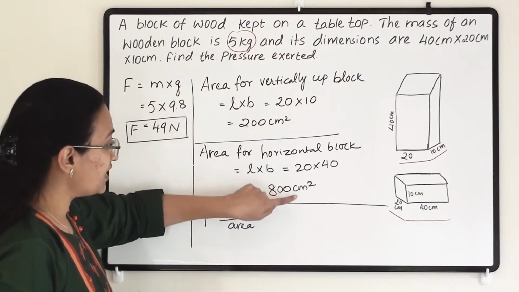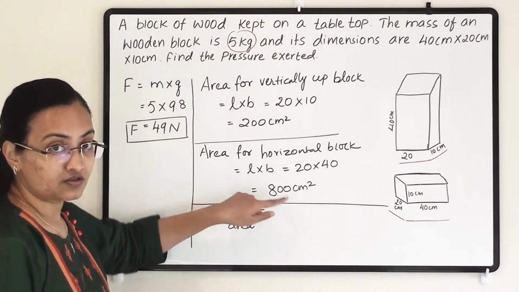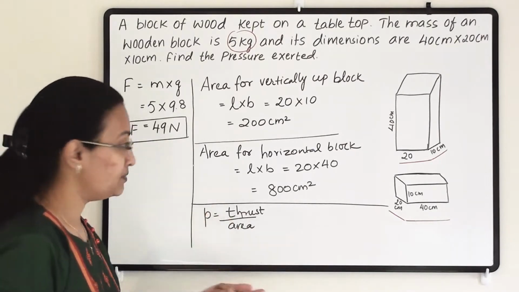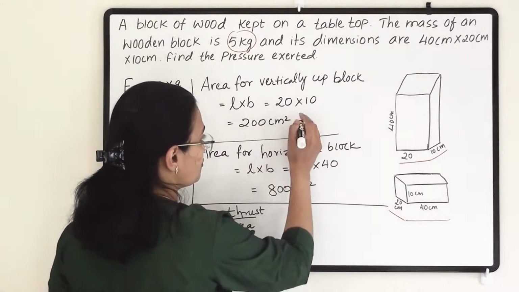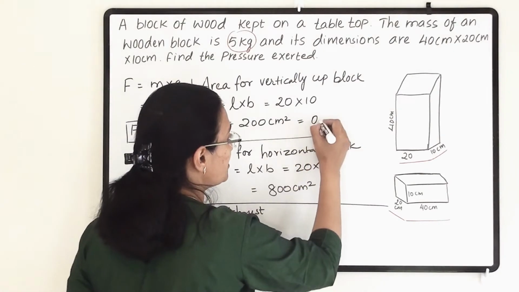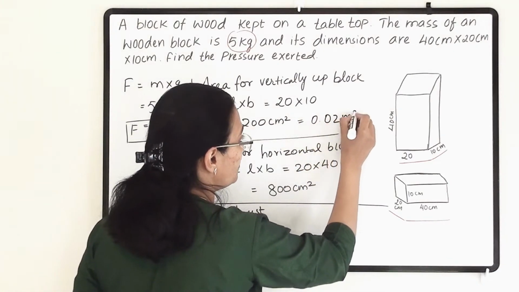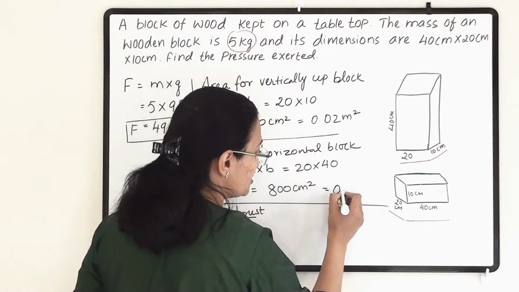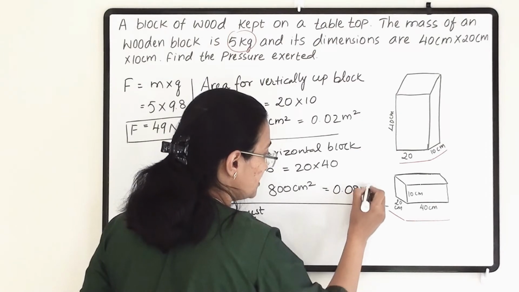Now these two areas are in centimeter square, so for pressure we have to convert them into meter. So 200 centimeter square, when converted into meter square, is 0.02 meter square, and 800 centimeter square is 0.08 meter square.